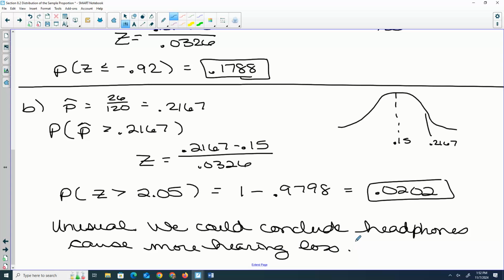You could have also just said, we had a bad sample, or maybe the real mean was higher than 0.15. There's a lot of different things. It says, what might you conclude? So something that would be reasonable to assume.